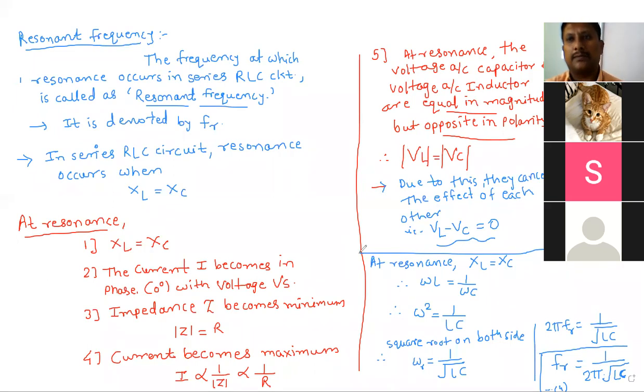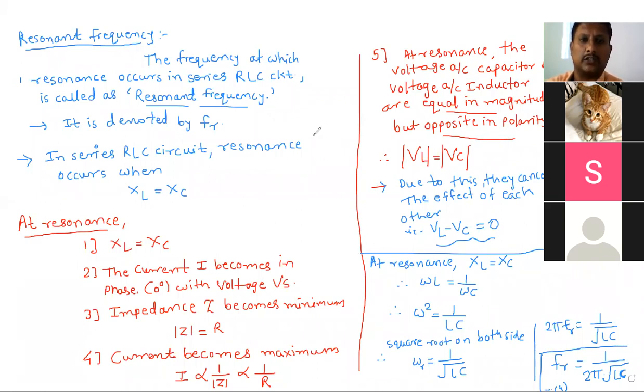Based on this concept, there is an always favorite question from this point, and it was asked a number of times in the university question paper. What is series resonance, and derive the expression of resonant frequency.